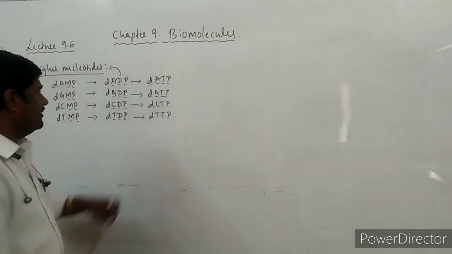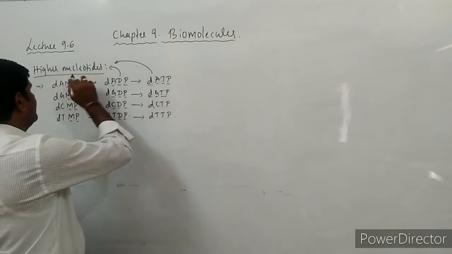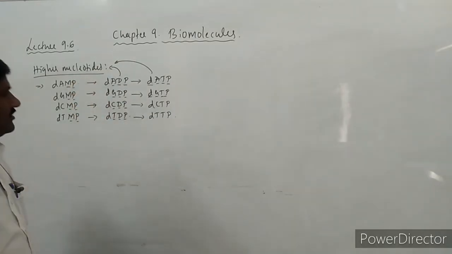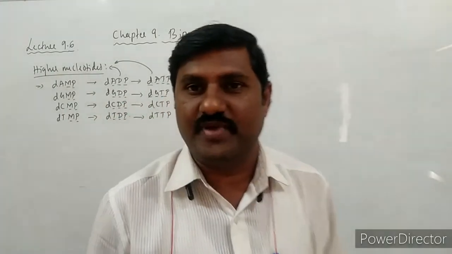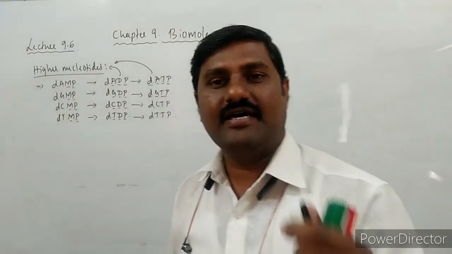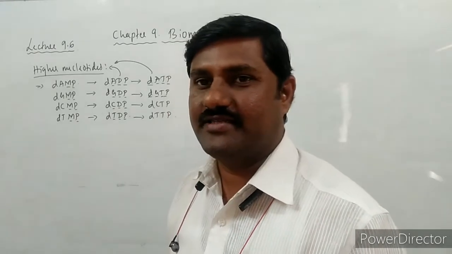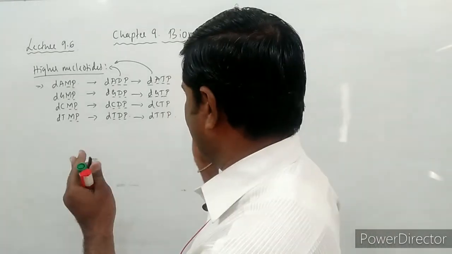So these are once again said to be higher nucleotides. If the nucleotides have more than one phosphate group, they are said to be higher nucleotides. So this is also one more thing.